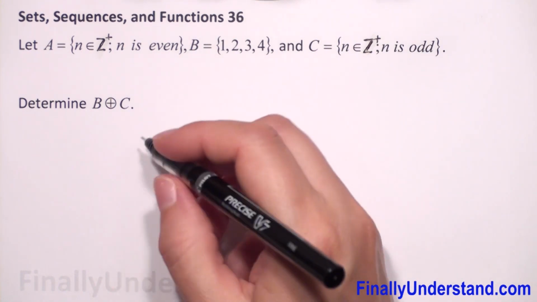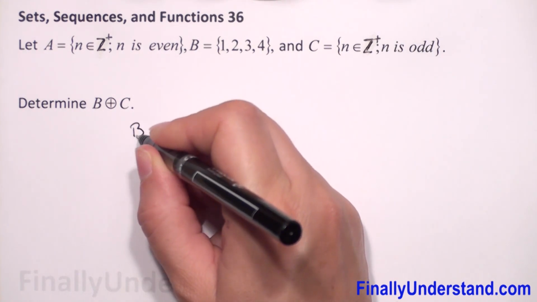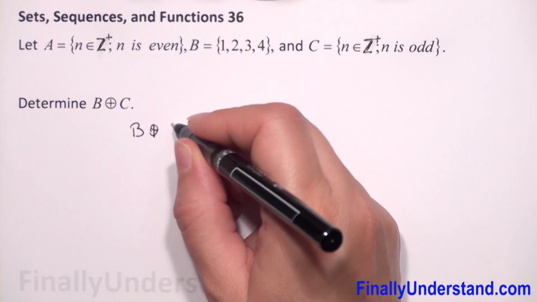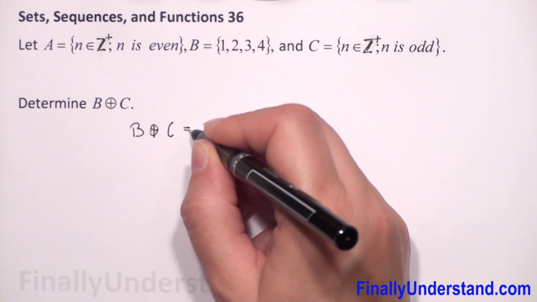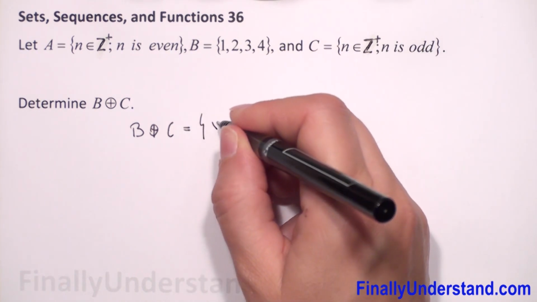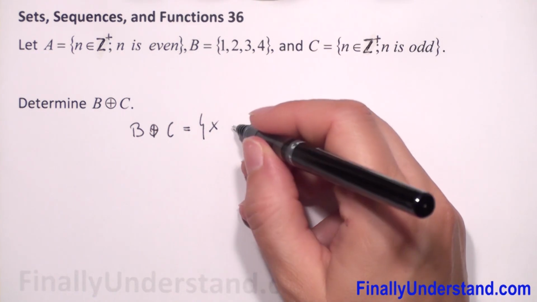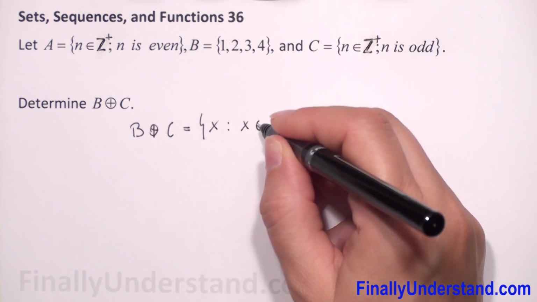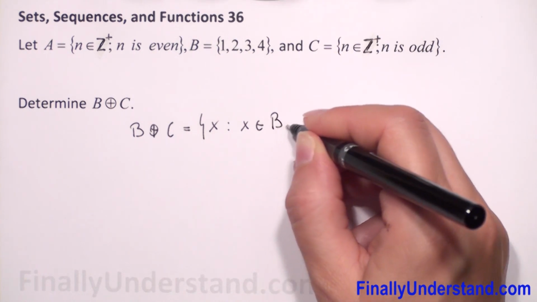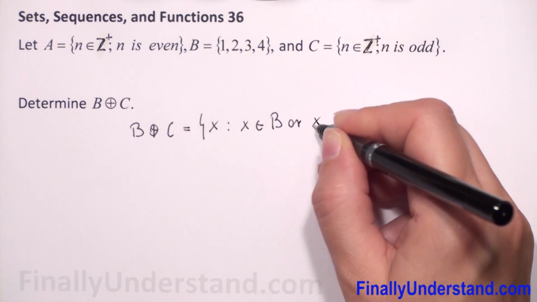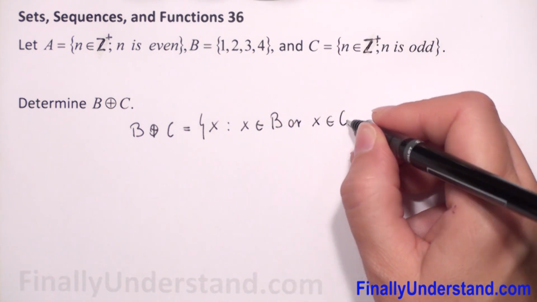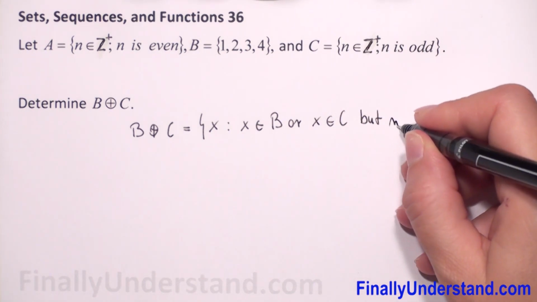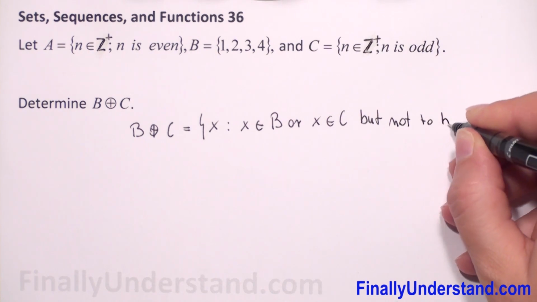So let me write this: the symmetric difference of sets B and C is all x's such that x belongs to B or x belongs to C but not to both.